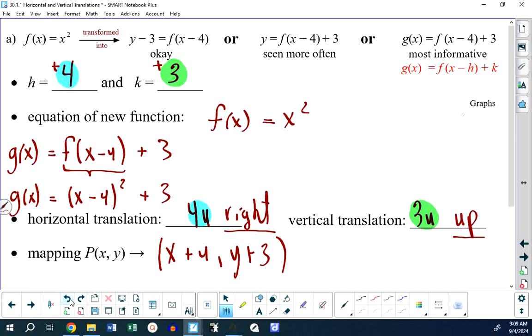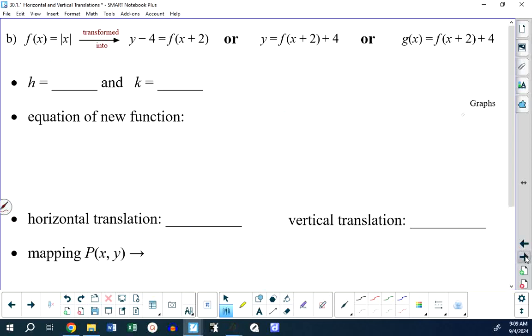Let's try another one. I'm going to pick up the pace a little bit here because the only thing that's different in the B, C, and D is the original function is different. So now I'm not talking about f of x equals x squared. I'm talking about f of x equals the absolute value of x.